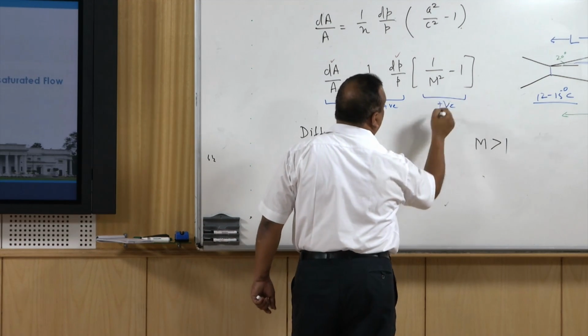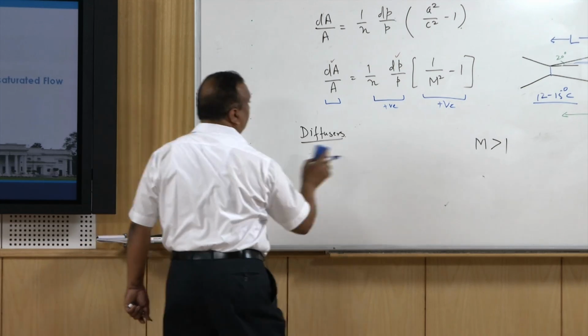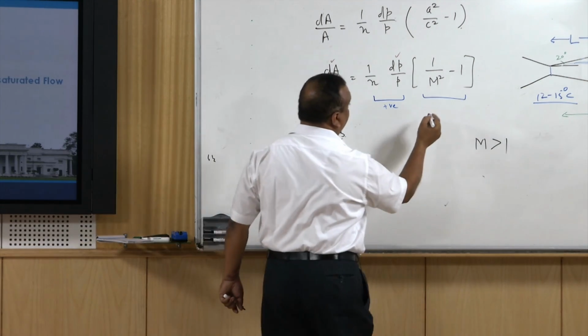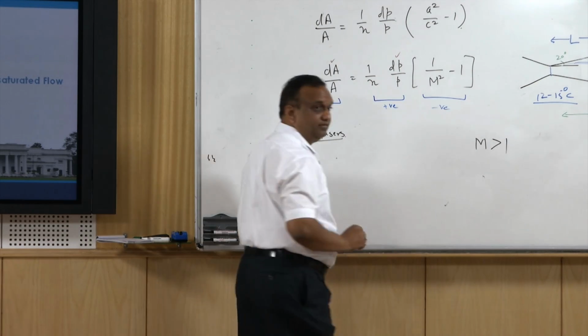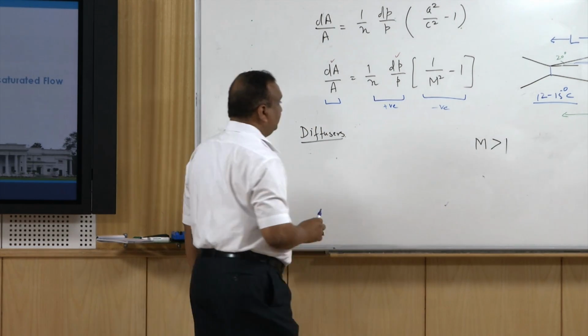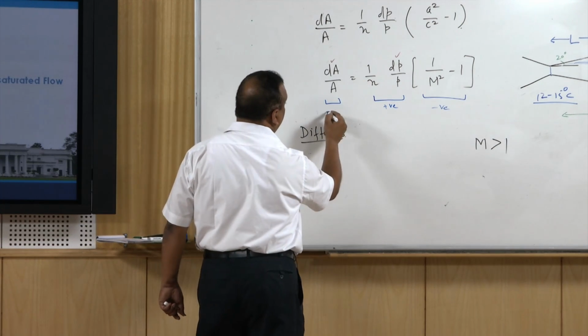Not positive, sorry, this is positive, not negative, just a minute. When M is greater than 1, then this is negative. dP by P is positive, so dA by A is going to be negative.